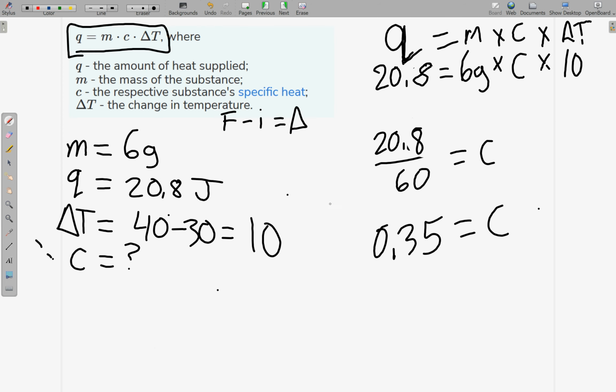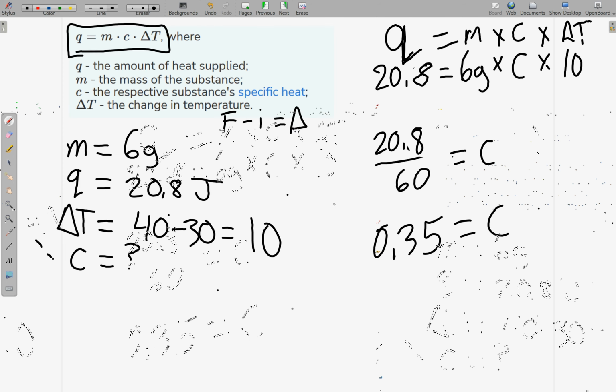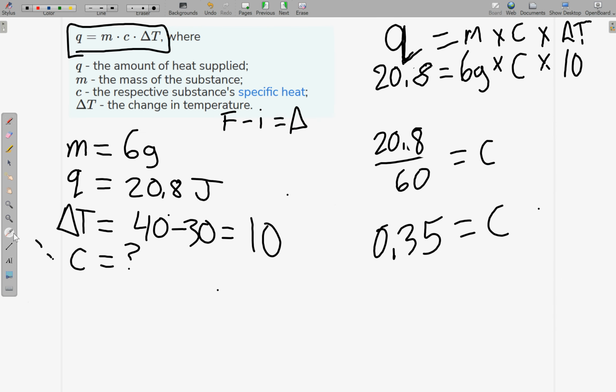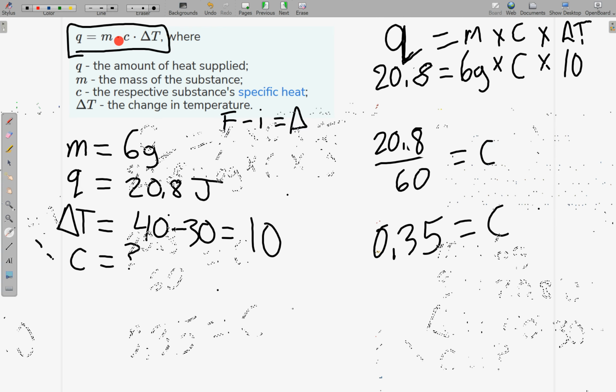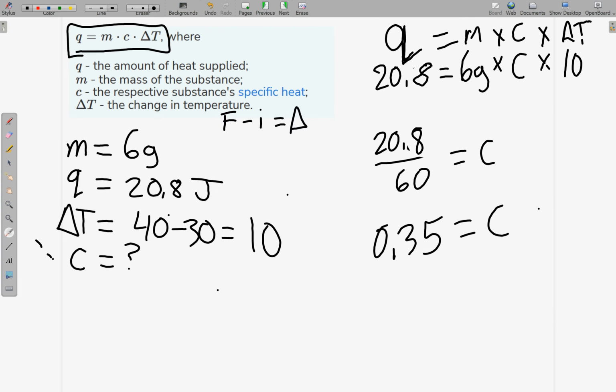That's how you do it. And the tricky part, because we haven't practiced this, would be you've got to realize you need this equation, which the equation is also on your reference tables. There's a list of equations and symbols.